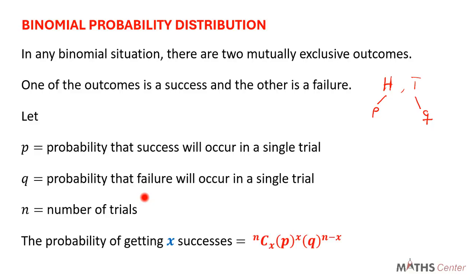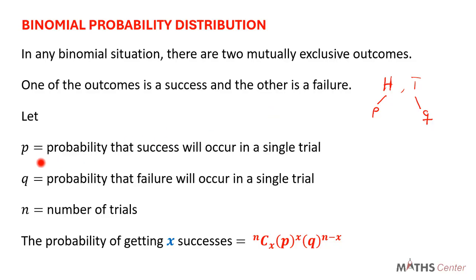If this is the case, then the probability of getting x successes will be given by n combination x times p exponent x times q exponent n minus x. This is the binomial probability distribution. When you have a binomial situation, there are only two mutually exclusive outcomes. One of the outcomes can be described as a success and the other can be described as a failure.